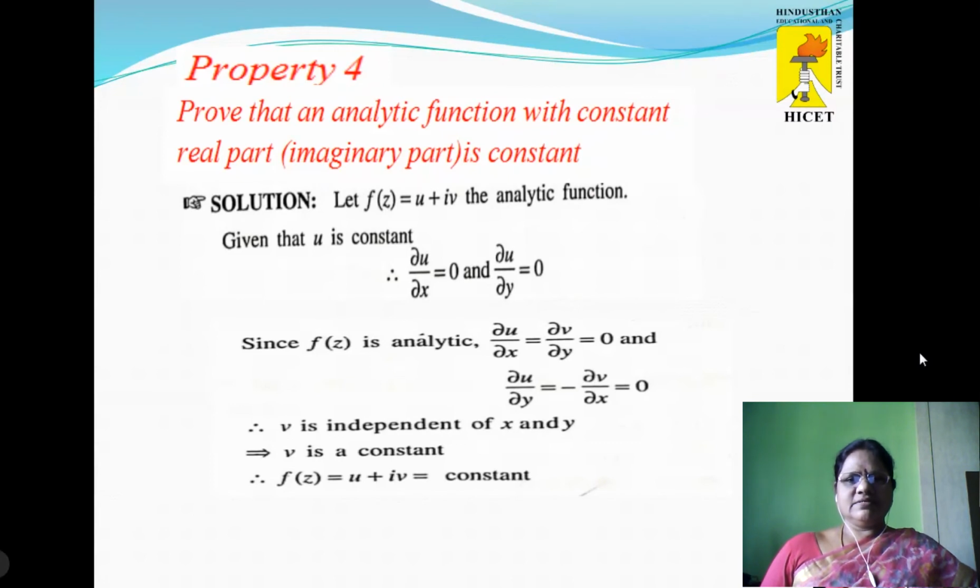On differentiation of v with respect to x and y, we get v equal to a constant because v is independent of the variables x and y. Hence, f of z equal to u plus iv is a constant function. Similarly, we can prove that an analytic function with a constant imaginary part is also constant.